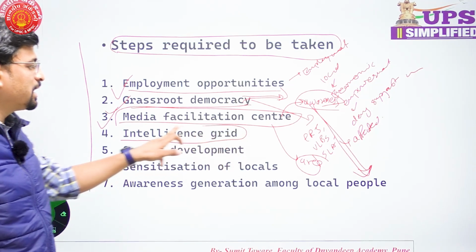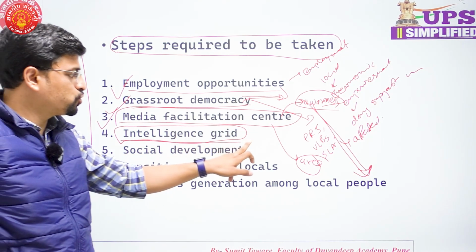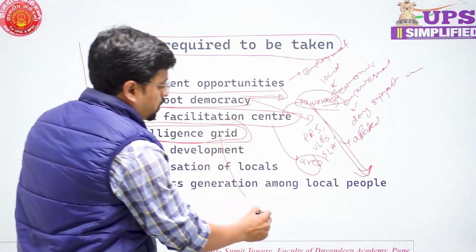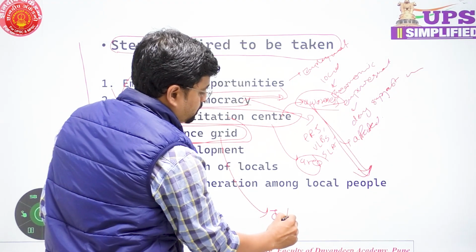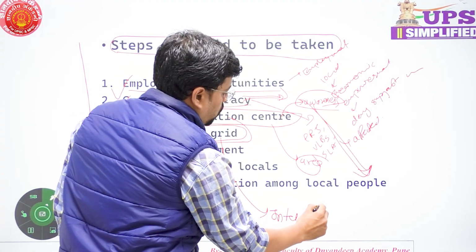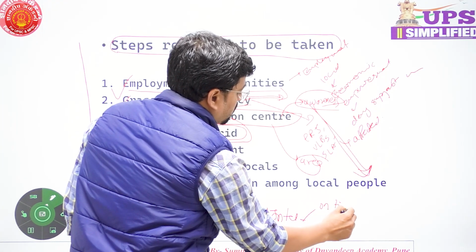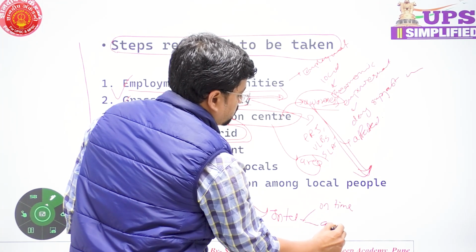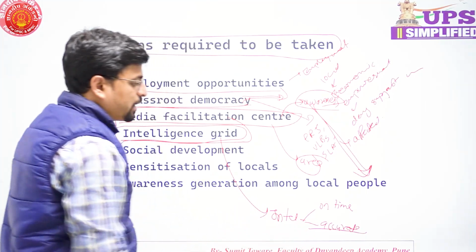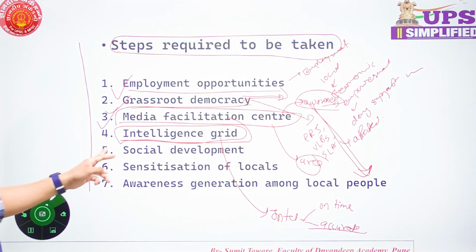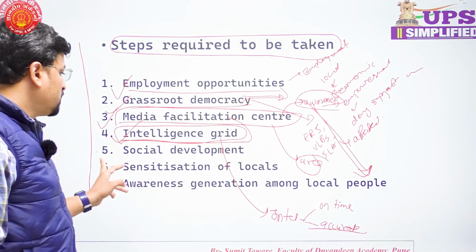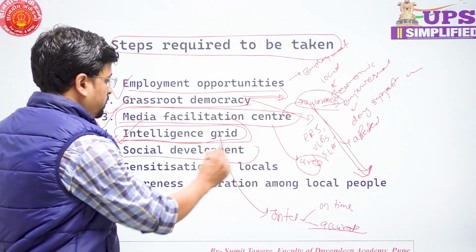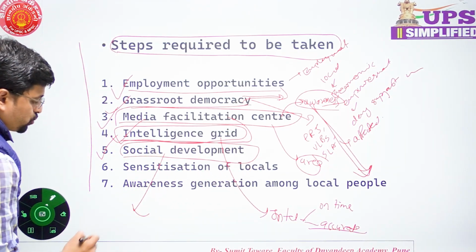Then an intelligence grid should be created in that particular area, so that we can get intel that is timely and accurate, through which we can stop local support to the militants. Then social development. How can we ensure this?